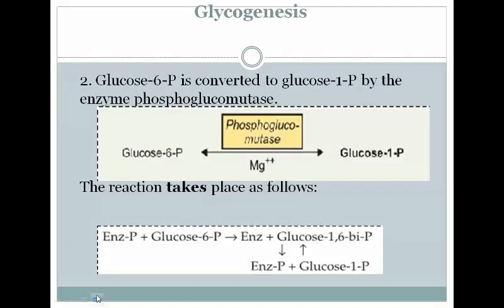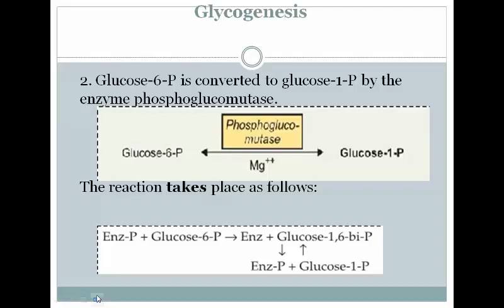Now in the second reaction, this glucose 6-phosphate will form glucose 1-phosphate, and this is a reversible reaction. This reaction you also saw in glycogenolysis, where glucose 1-phosphate was converted to glucose 6-phosphate in presence of the enzyme phosphoglucomutase and magnesium ion.